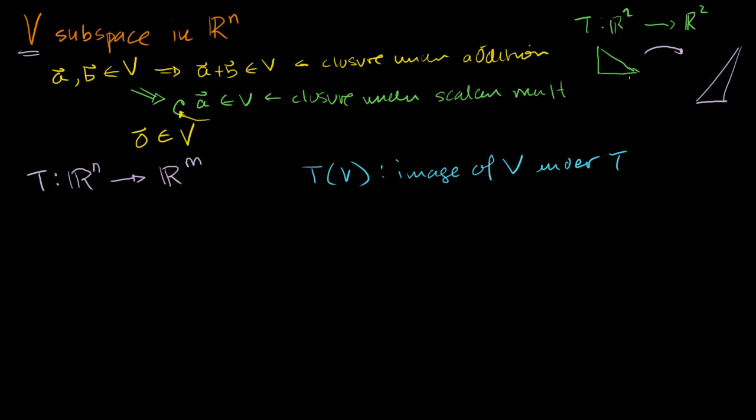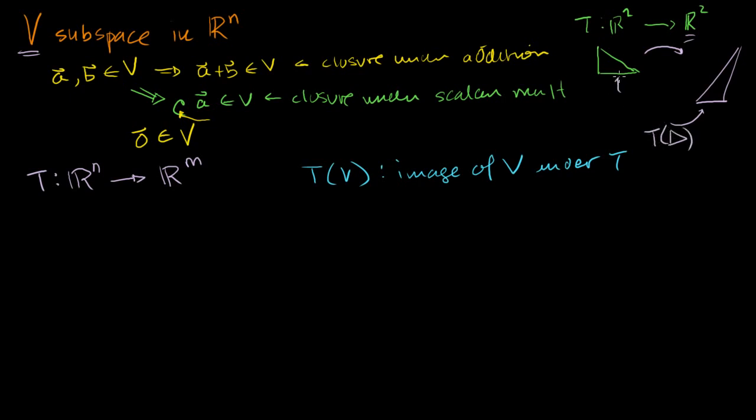But the exact particulars of that last video aren't what matter. What matters is that you are able to visualize what an image under transformation means. It means you take some subset of R2, all of the vectors that define this triangle right here, and you transform all of them, and then you get some subset in your codomain. You could call this the image, the transformation of that triangle.